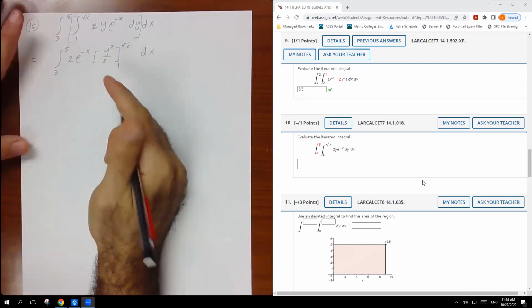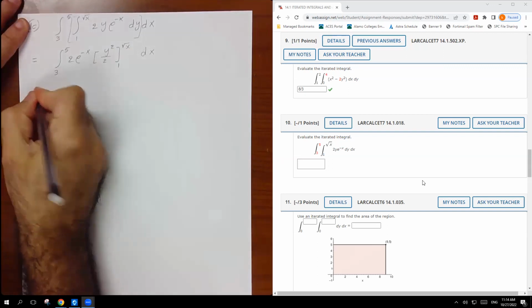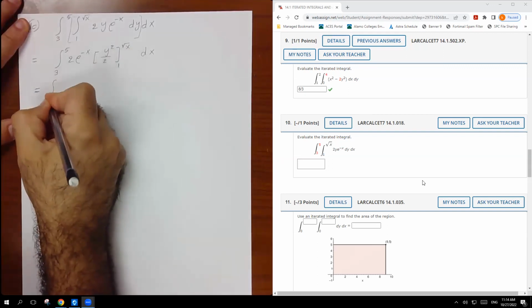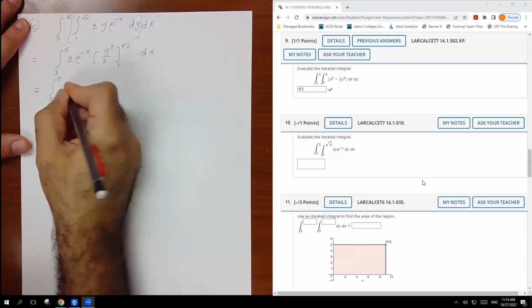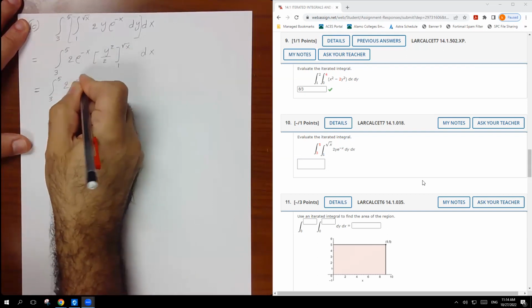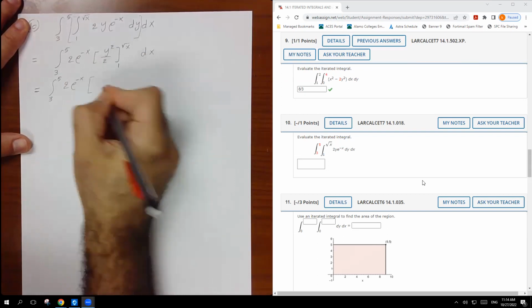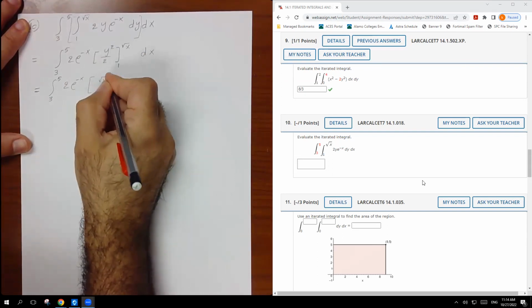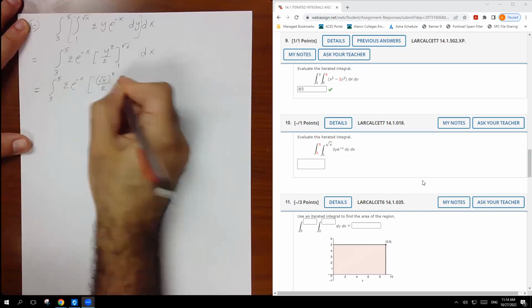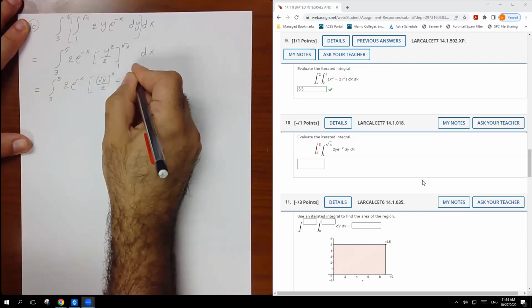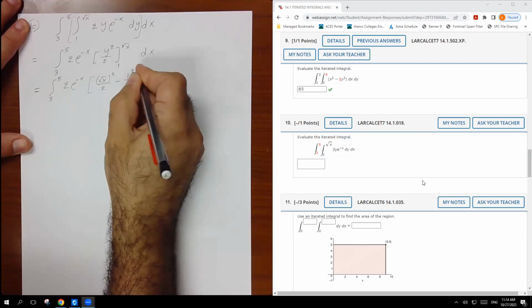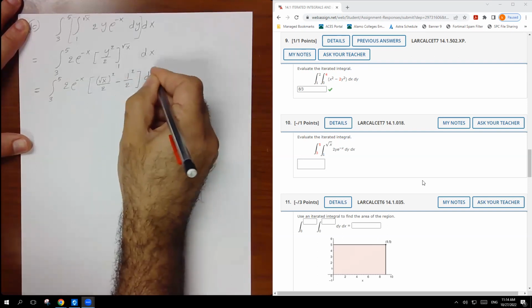Talking about just the first integral, plug in this one. So this one is going to be equal to the integral from 3 to 5 of e to the negative x times the square root of x squared divided by 2 minus 1 squared divided by 2, dx.